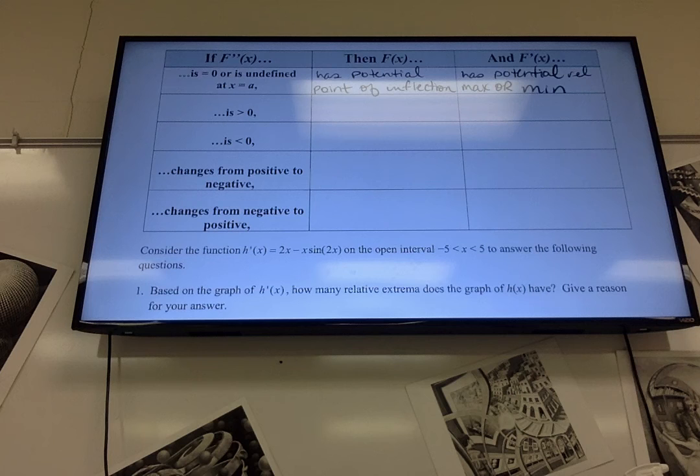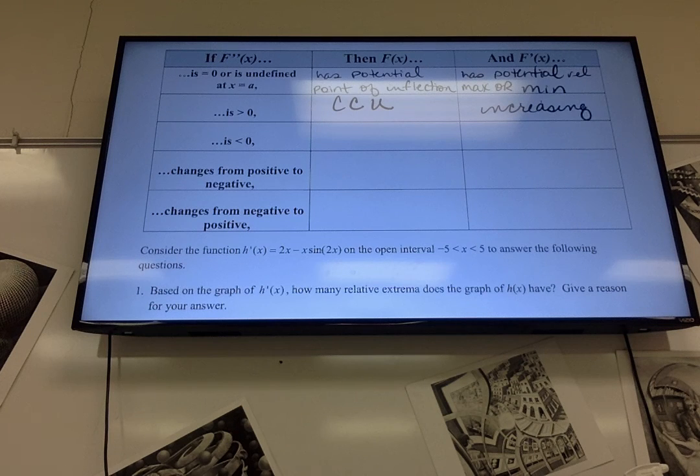If f double prime of x is greater than 0, concave up. There you go. And what does that tell us about f prime of x? Increasing. That's true.